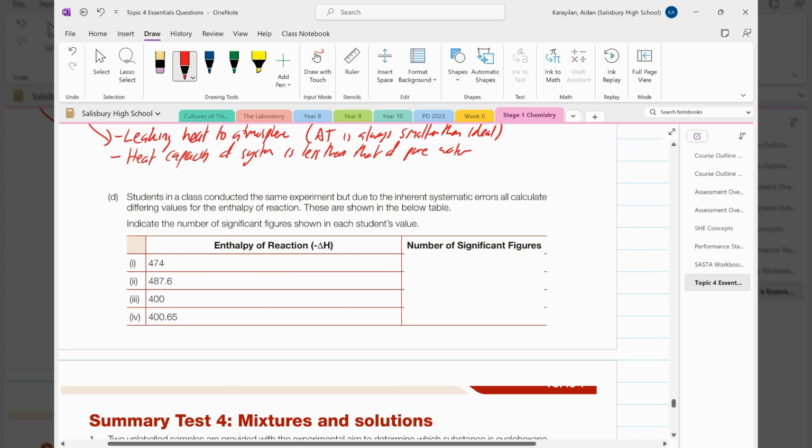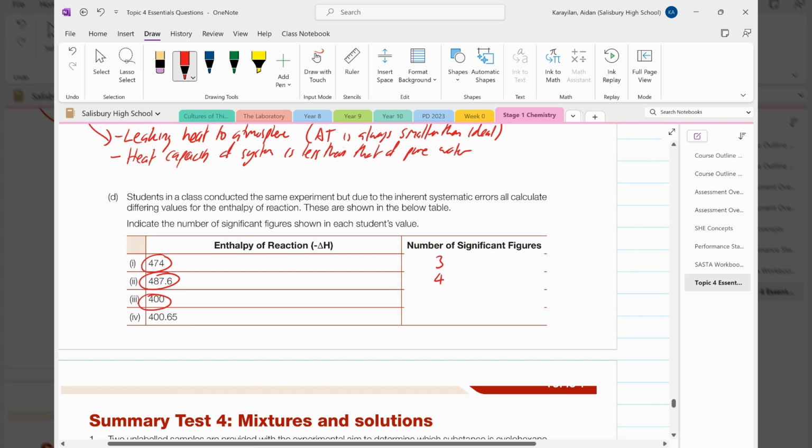So we are going to look at each of these values and say the number of significant figures that we've got. We have 3 non-zero values, so that means we have 3 significant figures. This one here is 4 non-zero values, so they're going to be 4. Now this one here is ambiguous, so it's not completely clear, because 400 is a legitimate number.